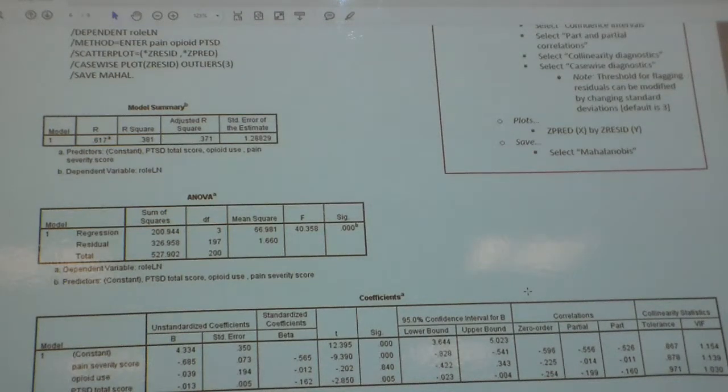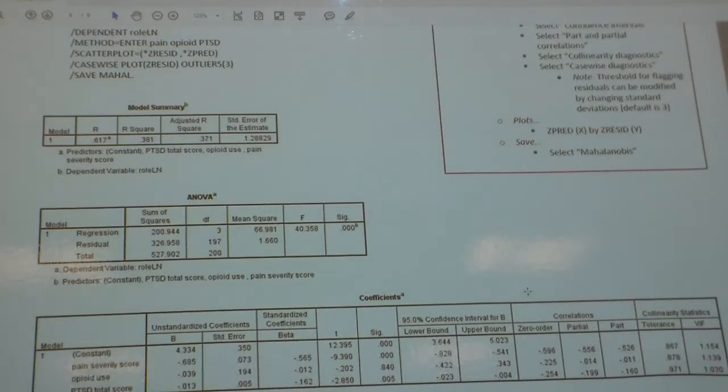So some things, now remember, be careful with shared variance, right? Because your R squared is the variability that's common across those and also their unique variability. So it's all the variability, right?